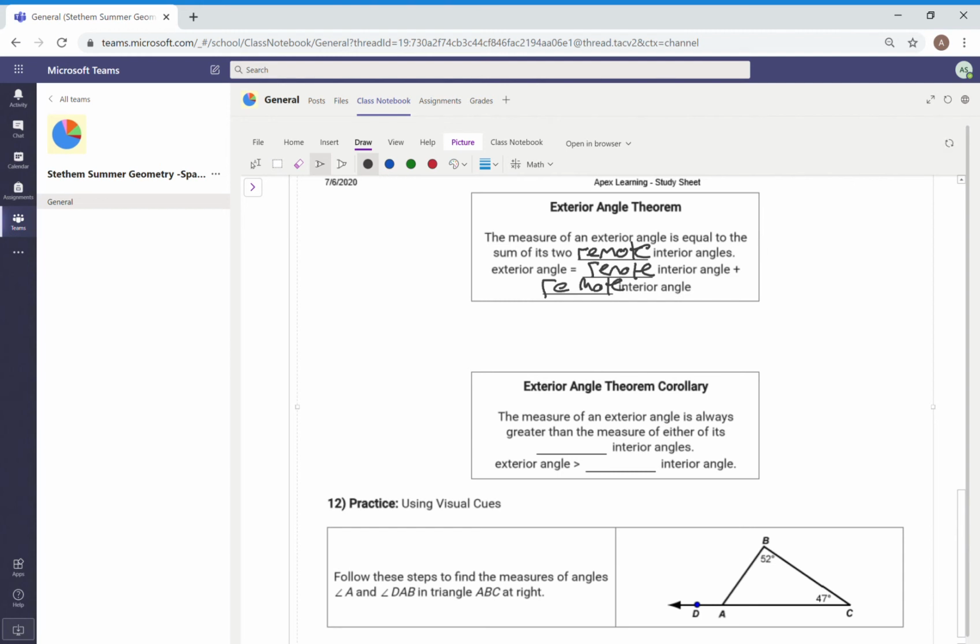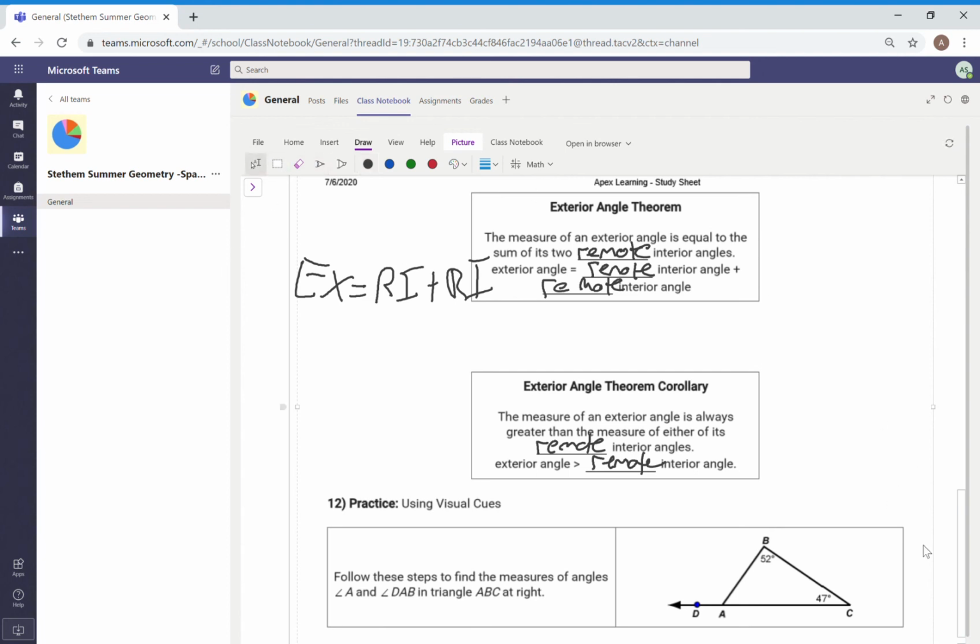So what that would be, exterior equals remote interior plus remote interior. The two insides equal the outside. The corollary of this theorem, the exterior angle theorem corollary, states the measure of an exterior angle is always greater than the measure of either of its remote interior angles. So that is exterior angle is greater than remote interior angle.